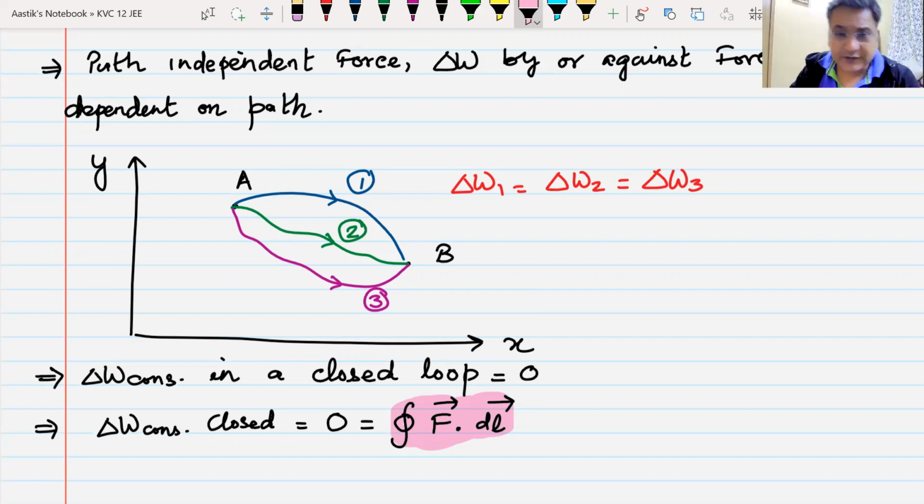Gravitational force, spring force, and electrostatic force. The work done by these forces in a closed path is going to be zero, and it does not depend on path. Everyone understands this? Yes or no? Yes, sir. Okay, I was not planning to do this.